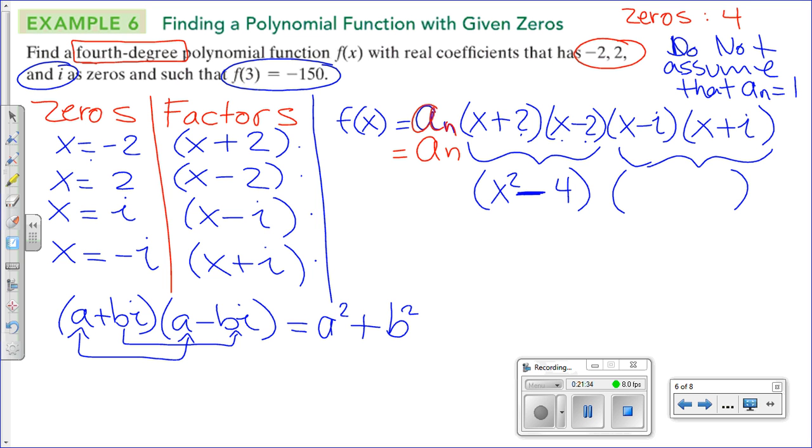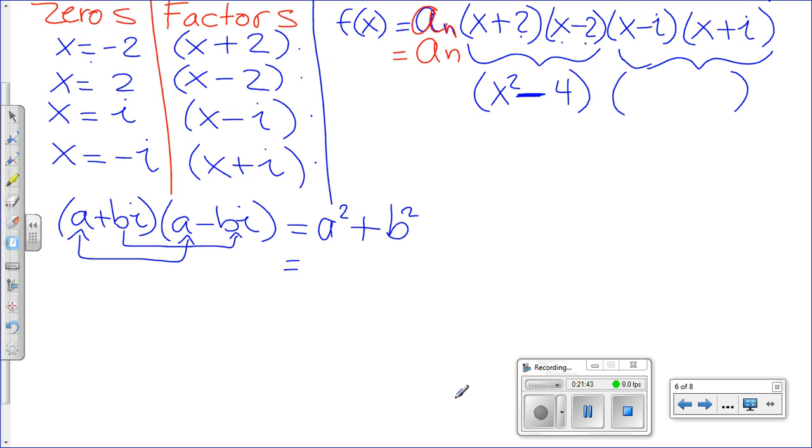If you don't remember why that happens, well, let me do the long way. This is actually a good review from 2.1. If we multiply a times a is a squared, a times negative bi is negative abi.